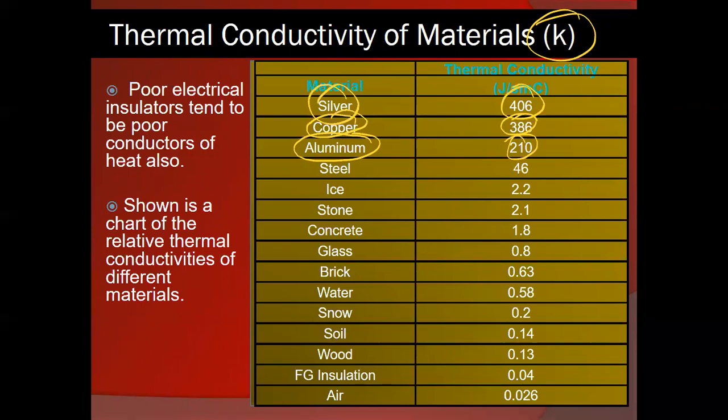Silverware used to be very popular, where people would make spoons and forks and knives out of silver. They still do. But one of the big problems is if you put a silver spoon in a hot dish, not only is silver very expensive, it's going to conduct the heat, and you can get burned pretty easily. So if you look at cooking material today, most of our cookware is actually made out of stainless steel.